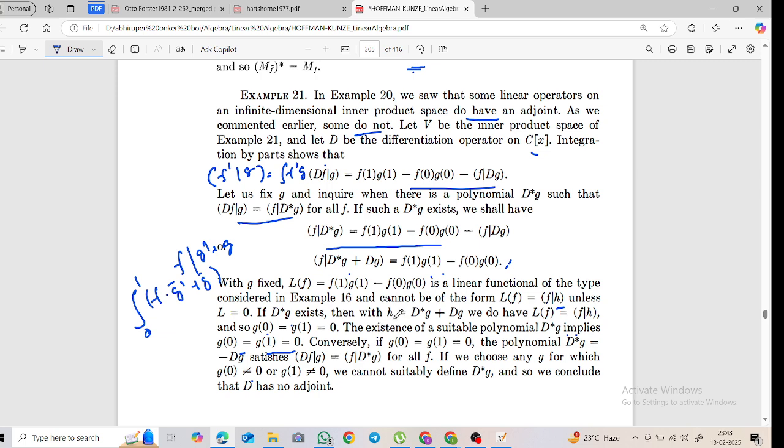If D star g exists with h equal to this, we have L(f) is this and so this. The existence of a suitable polynomial D star g implies g(0) equals g(1) equals 0. Conversely, for any g for which g(0) is not equal to 0 and g(1) is 0, we cannot suitably define D star g. Achha. We conclude that D has no adjoint.